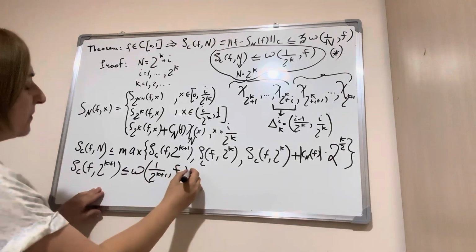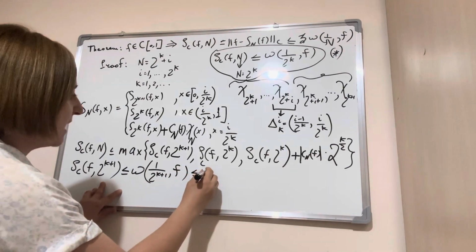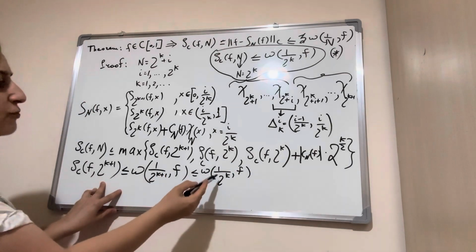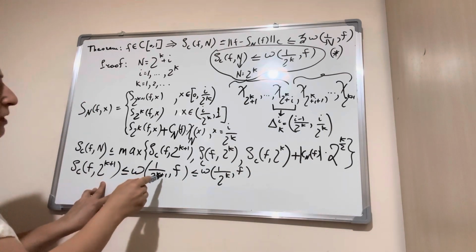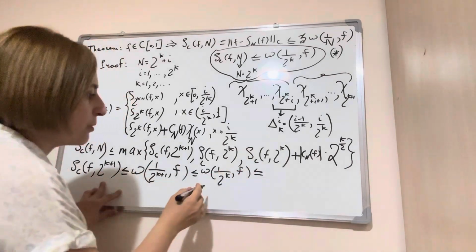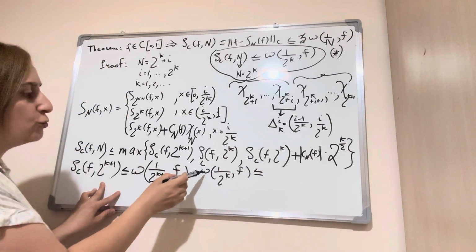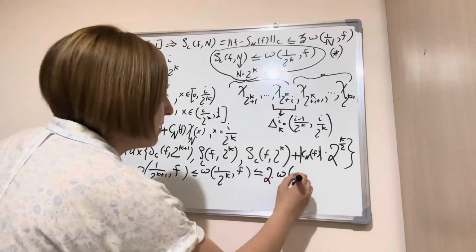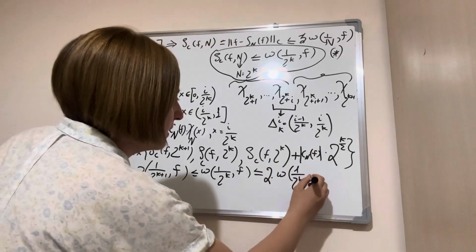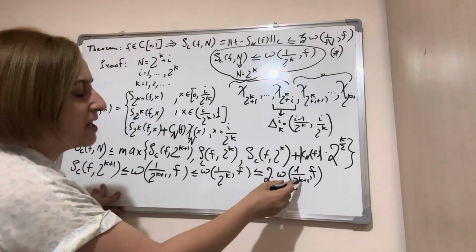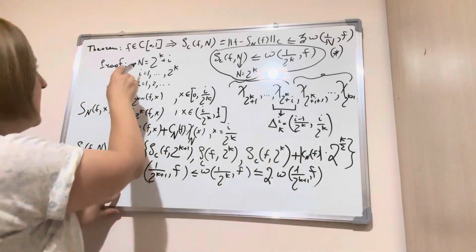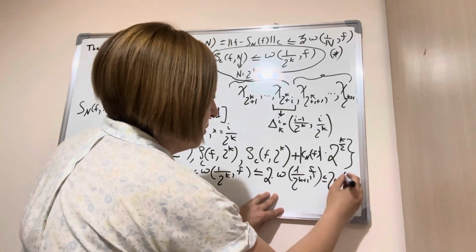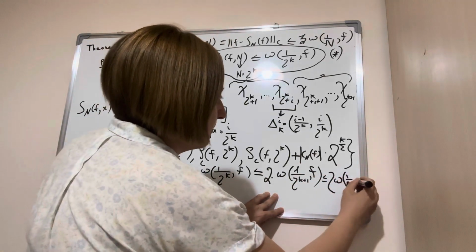And then this is less than or equal to omega(1 over 2^k, f). This is obvious, because 1 over 2^k is greater than 1 over 2^{k+1}. Then using a property of the modulus of continuity, this is less than or equal to 2 times omega(1 over 2^{k+1}, f). But because 1 over 2^{k+1} is less than 1 over n, I can have 2 times omega(1 over n, f).